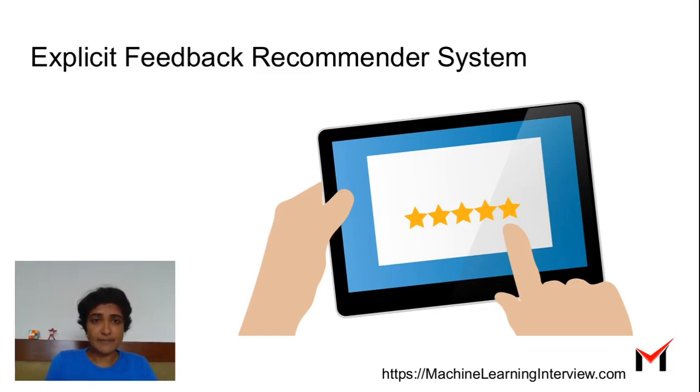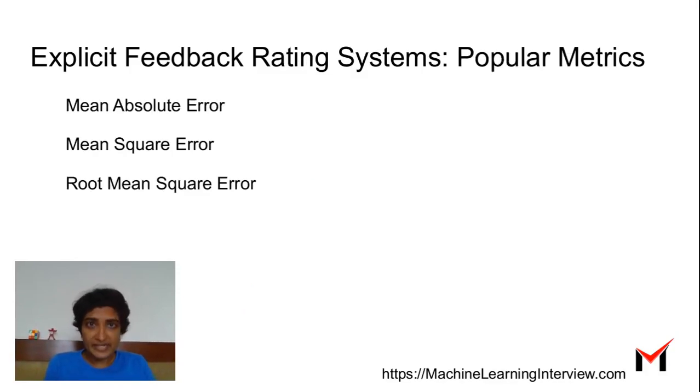So these are some examples where the user is explicitly giving a numeric rating, and the kind of metrics you can use in this case are pretty similar to regression metrics, because essentially you're predicting a rating for a new user item pair, while you have ratings for a lot of other user item pairs where the user already rated the item. Right? So you can use metrics like mean absolute error, mean square error, root mean square error, or some of the other regression metrics you know.